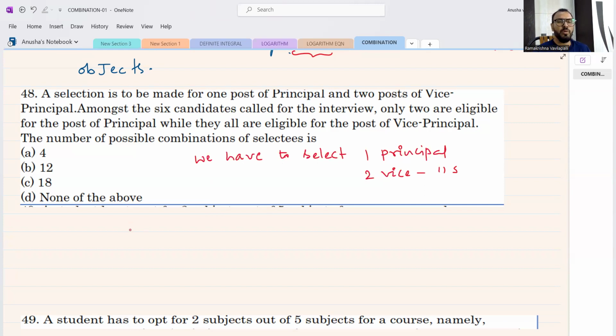So first, we have to select the principal from the 2 eligible candidates.